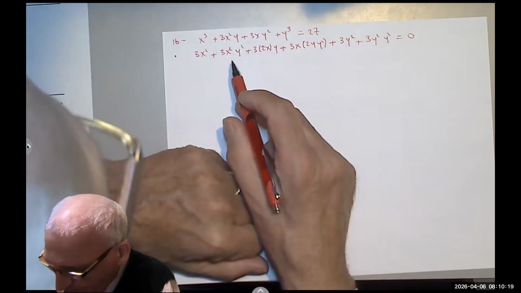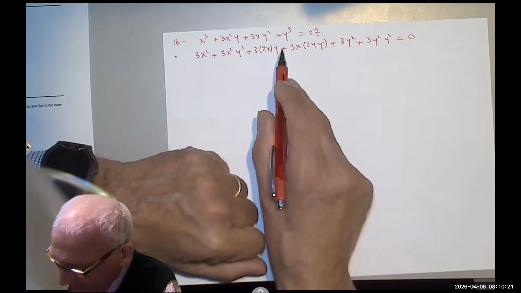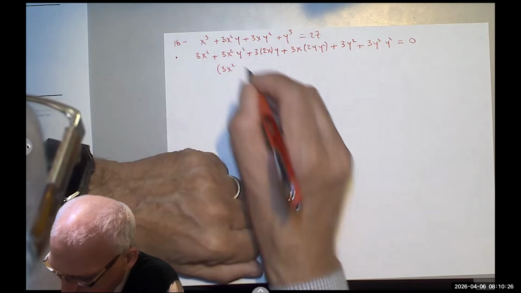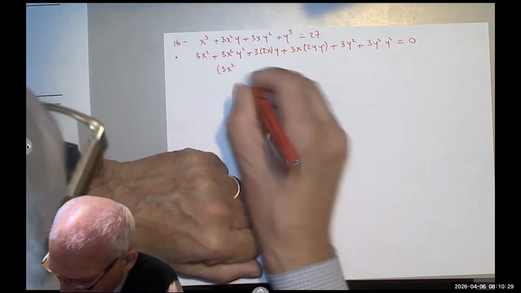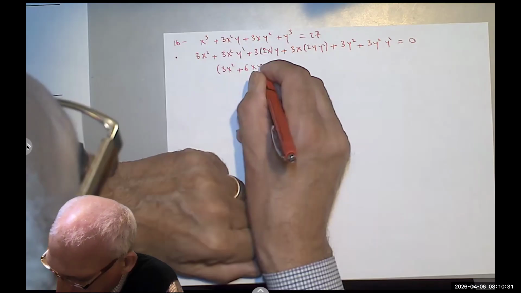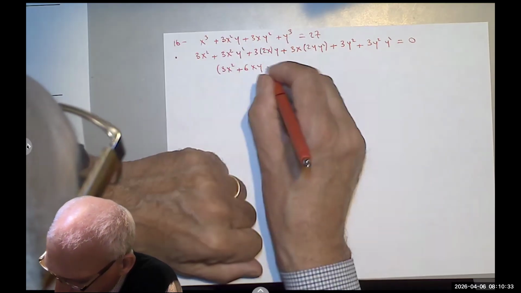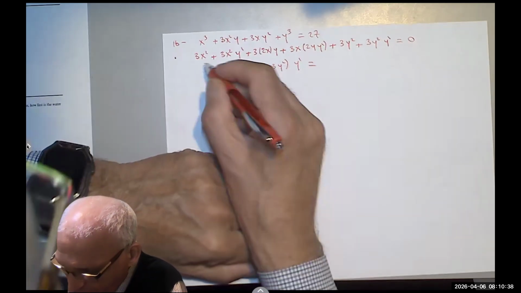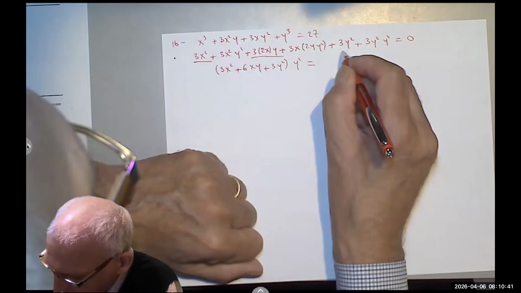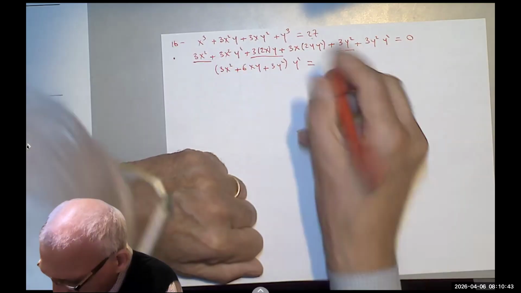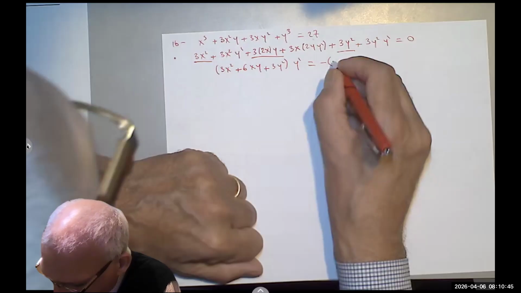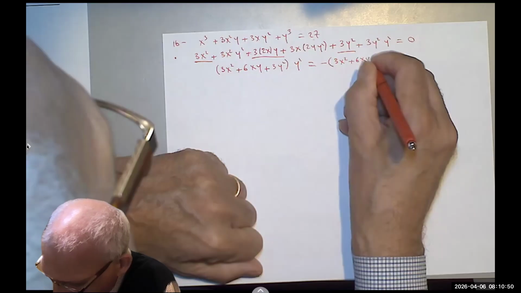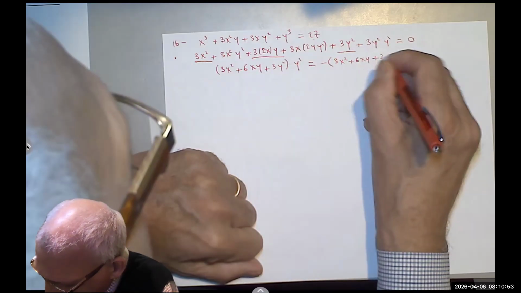So now I'm going to combine the terms that have y prime. I have 3x squared plus 6xy plus 3y squared, times y prime, equals. And then I'm going to move these terms to the right-hand side as negative: 3x squared plus 6xy plus 3y squared.